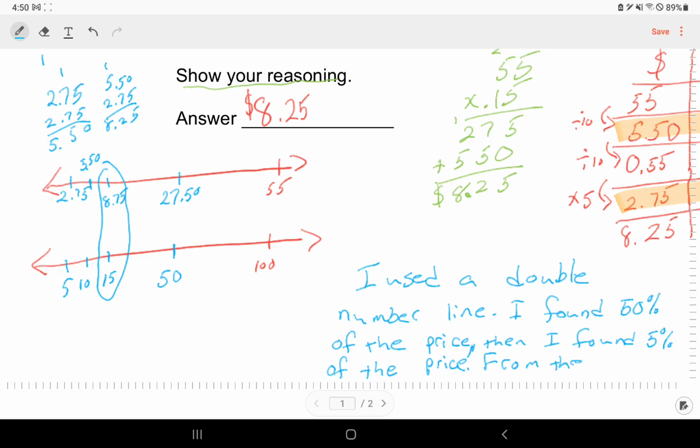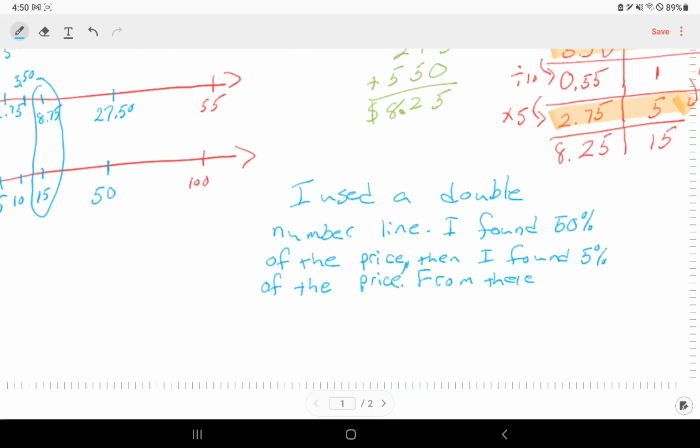From there, I counted by $2.75 until I got to 15%.